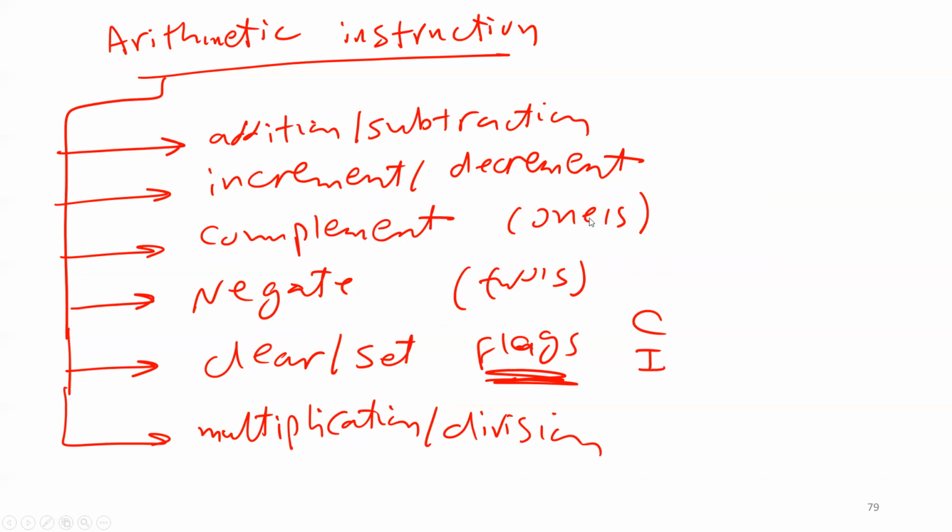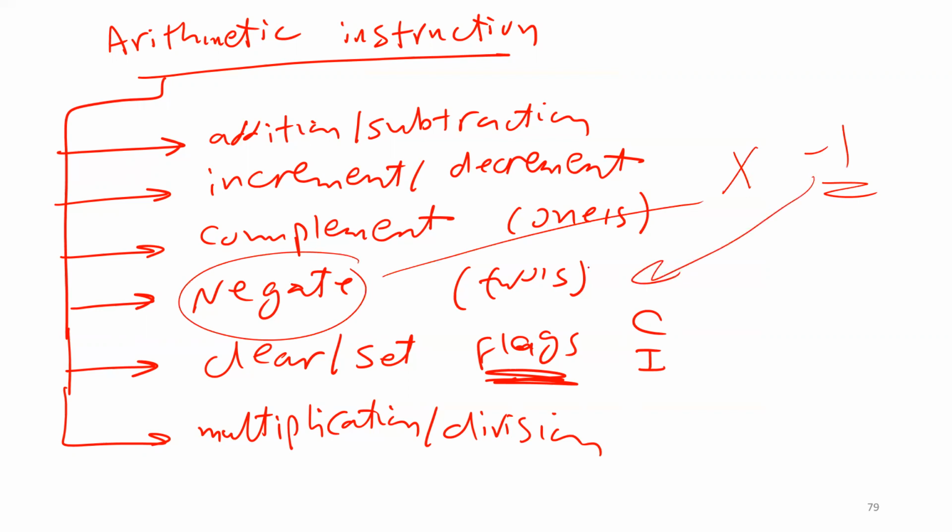We have an instruction to do negate, and negate is the two's complement. You know what negate means: you negate a number, so you multiply by -1. And as I said before, if you multiply a number by -1, actually you calculate the two's complement.